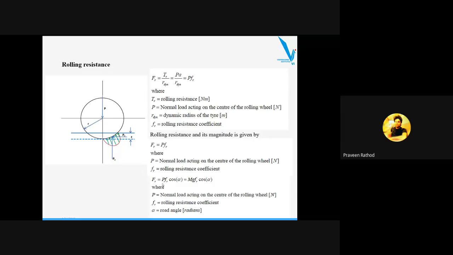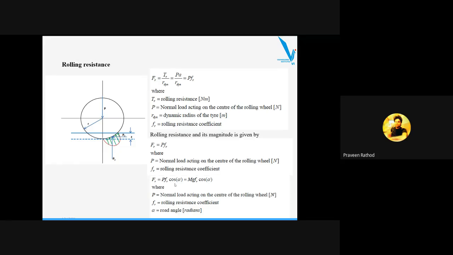So the previous equation can be rewritten like this: PR cos alpha, where P is replaced with mg, and FR is the rolling resistance coefficient. Alpha is the road angle, the road angle in radians.